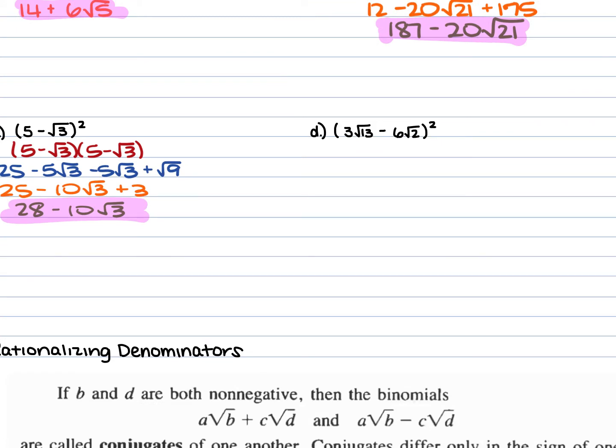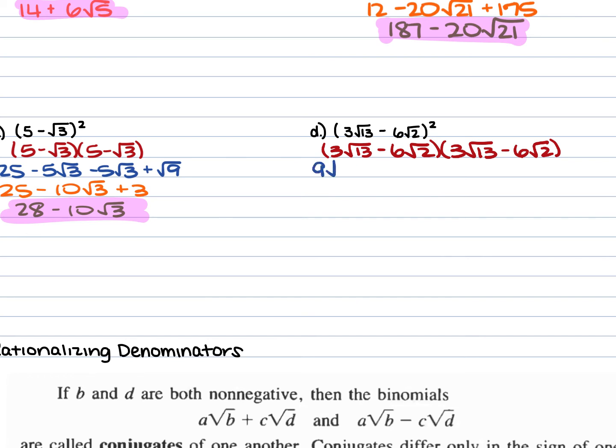For example D, we have 3 square root 13 minus 6 square root 2 squared. I'm going to do this one the same way I did the one before it. So I'm just going to expand it to be 3 square root 13 minus 6 square root 2 times 3 square root 13 minus 6 square root 2. I FOIL this out, so 3 times 3 gives us 9.